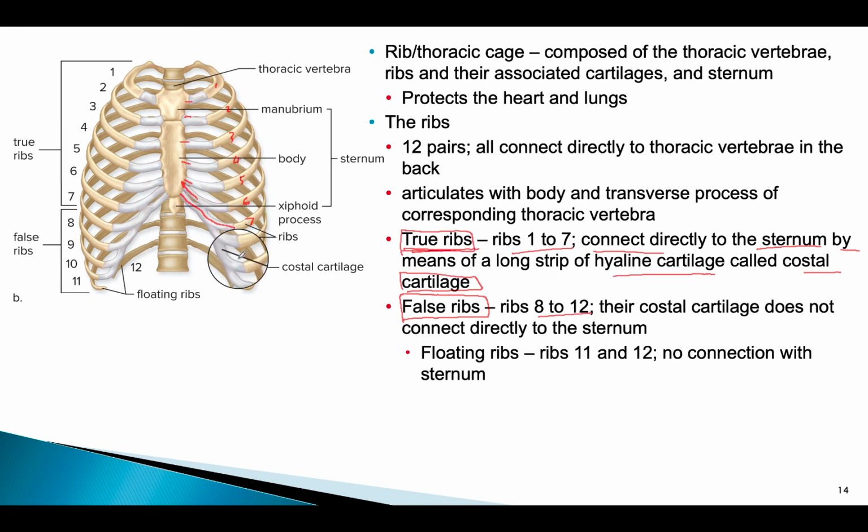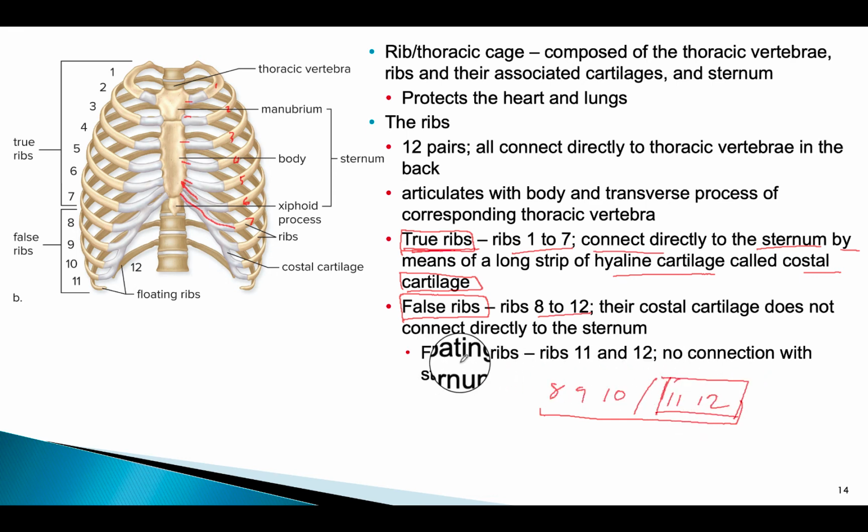Okay, so that's what we have right over there. Now the false ribs on the other hand, 8 to 12, are divided into 8, 9, 10, and 11 and 12. These are all false ribs, but the last 2 ribs, rib 11 and 12, have a special name. They are known as your floating ribs, rib number 11 and 12.